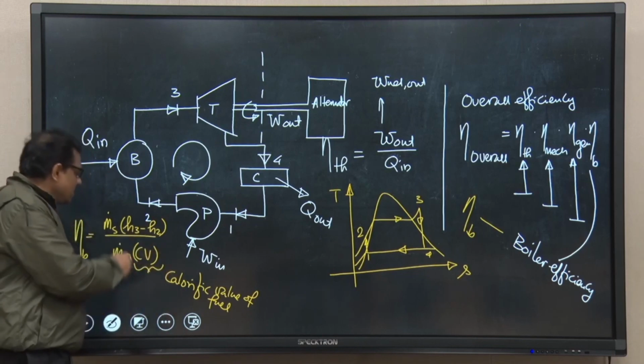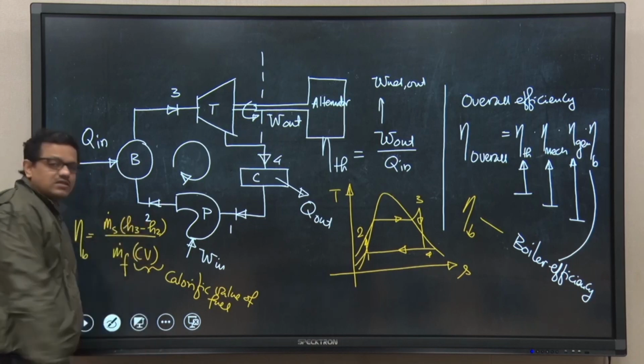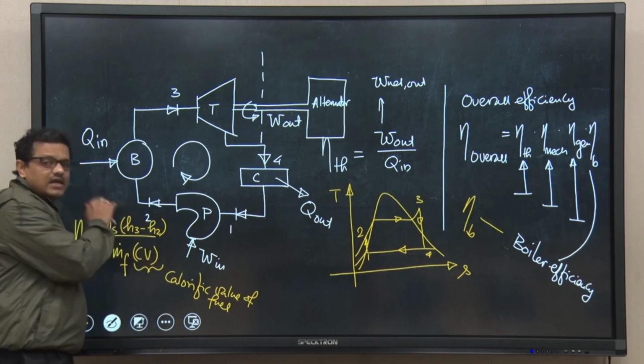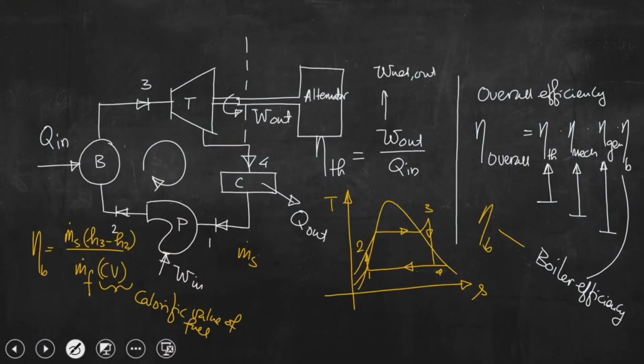Our target should be to increase the quantity m dot s into H3 minus H2, where m dot s is the mass flow rate of steam, and m dot f is the mass flow rate of fuel.